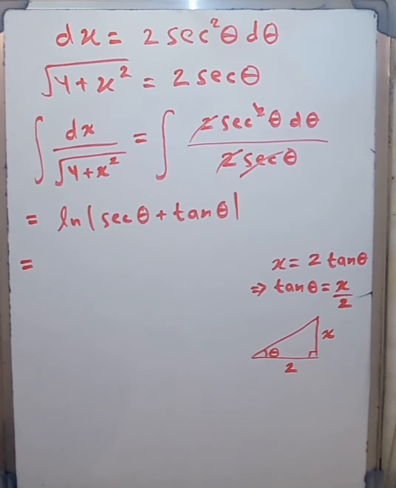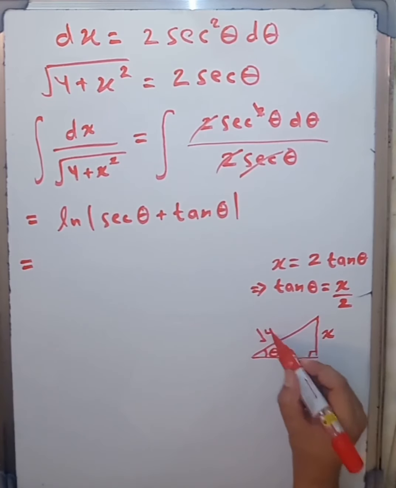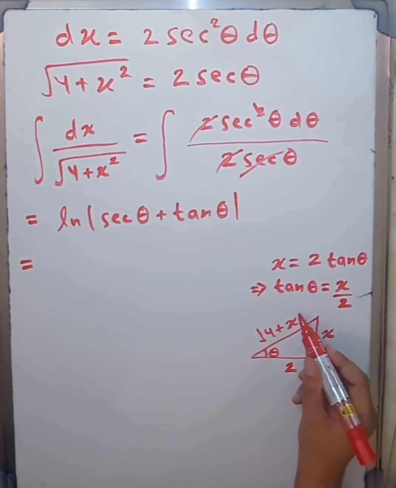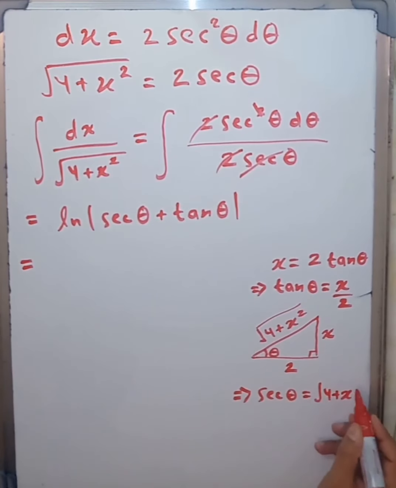And using Pythagoras theorem, we can say that the hypotenuse will be square root of 2 square, that is 4, plus x square. And from here we can find secant theta. Secant theta will be equal to hypotenuse, that is square root of 4 plus x square, divided by the adjacent side, that is 2.